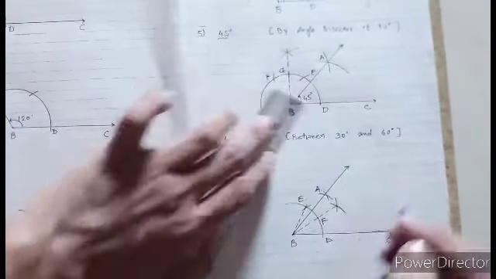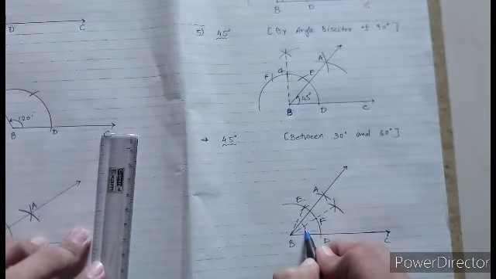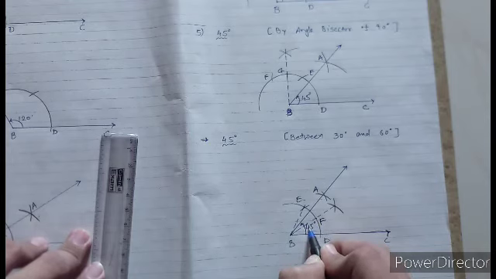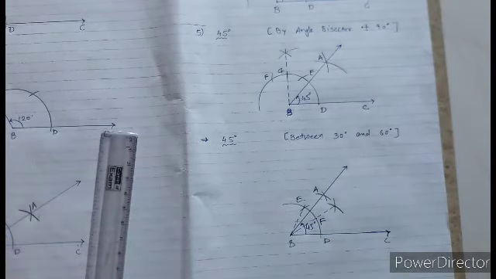So this angle ABC is the angle with measure 45 degree. So this is the second method to construct an angle with 45 degree measure.